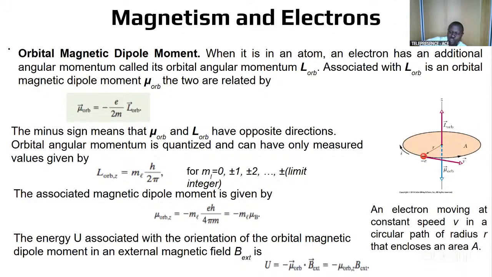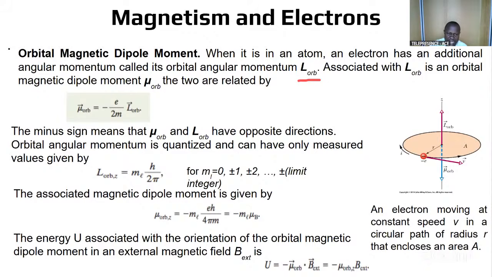As the electron is revolving around, it exhibits what we call orbital angular momentum, denoted as L orbital. And associated with this L orbital is an orbital magnetic dipole moment.